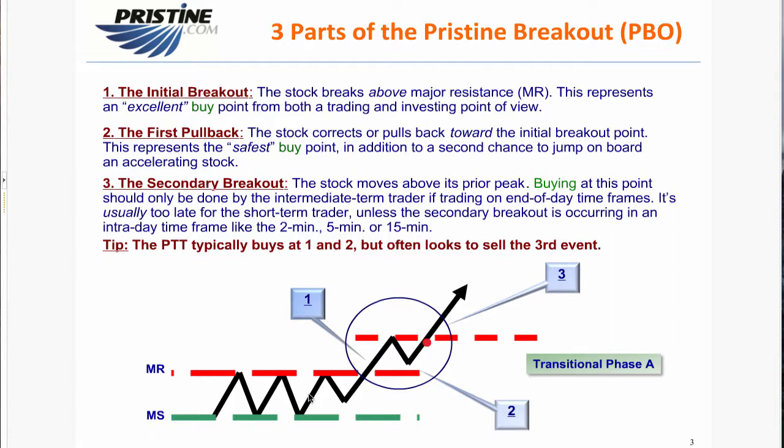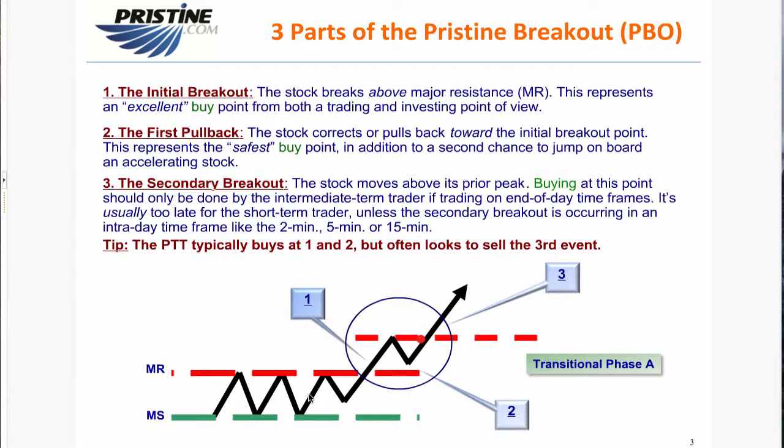And then here, as you get the secondary breakout, as the stock or whatever it is you're trading is breaking above this prior pivot high, you could consider buying, but really only from a more intermediate term point of view. This is not a buy point, in my opinion, if you're trading off of, say, a 2, 5, or 15-minute chart, because to me it's a bit late.